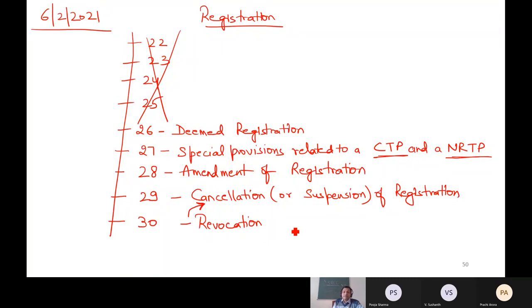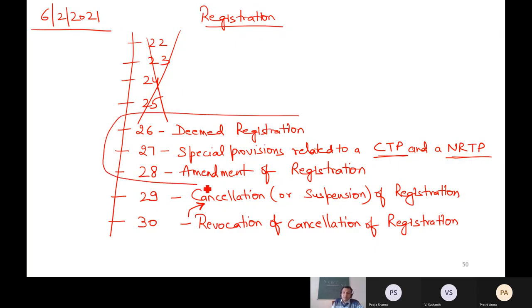If I modify it, then the cancellation order can be revoked. So revocation of cancellation of registration. That cancellation can be treated as invalid, you can say revoked. Now these 5 are left. Today I will wind up 26, 27 and 28.